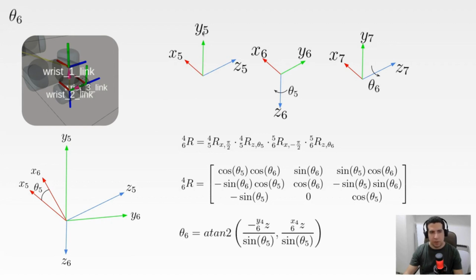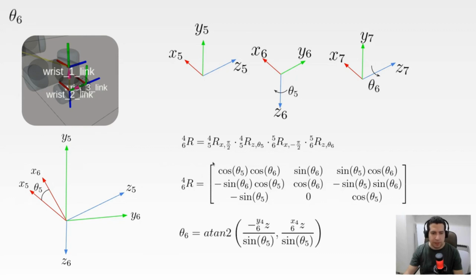To go from frame number 5 to 6, you have a rotation by 90 degrees in the x direction, then you rotate around z by theta 5, and then you rotate back by minus 90 degrees in the x direction and rotate in the z direction by theta 6. If you multiply all these rotation matrices, you will get this rotation matrix.